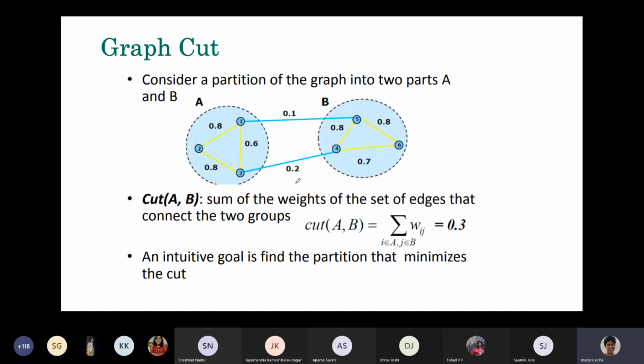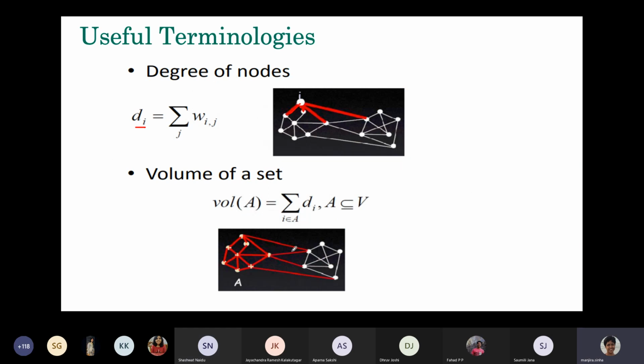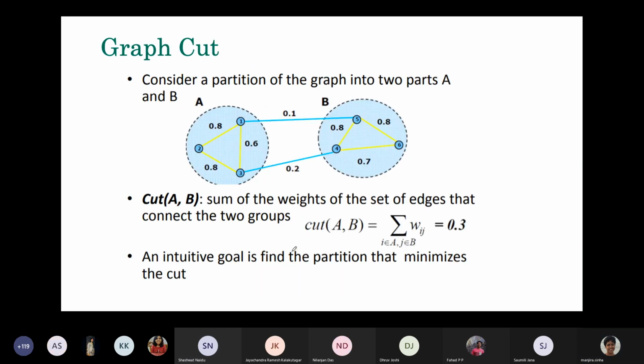Ma'am, we sum all the degrees. Yes, all degrees. In that case, for node 1 it will be 0.8 plus 0.6, and for node 2 it will be 0.8 plus 0.8. So it will be 2 into the sum of all edges.